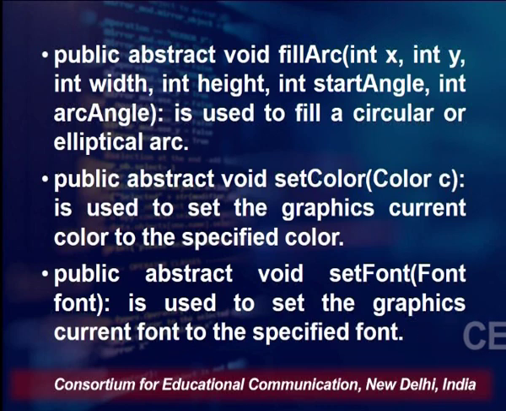It is used to set the graphics current color to the specified color, and after this setColor, whatever fillColor, fillArc, fillRect or fillOval you will be using, the shapes will be filled by using that particular color which you have just set.